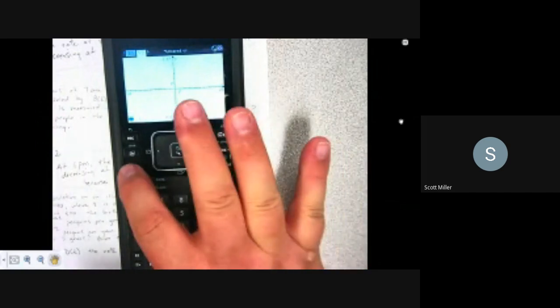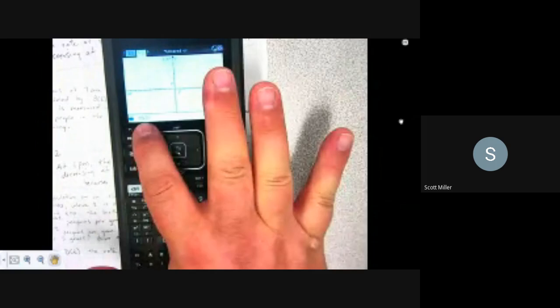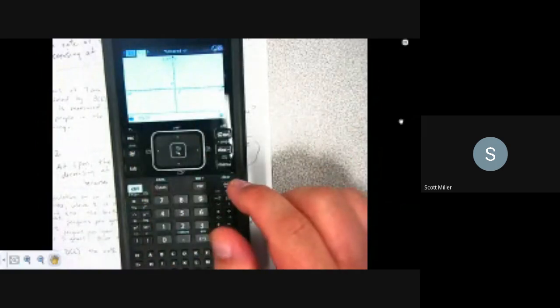There's that one. I'm going to bring up another line. There's F2. I'm going to type in the death rate, 250 times e to the 0.1x. And I graphed that one. So they're both in there now.